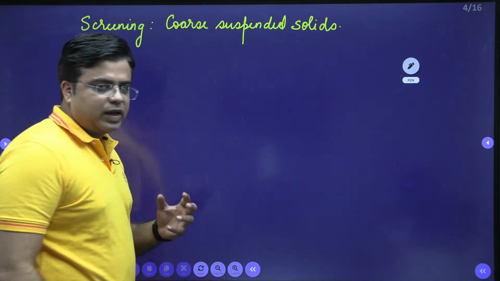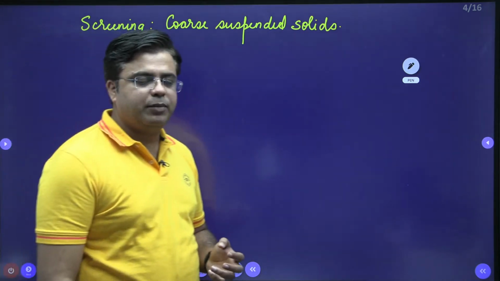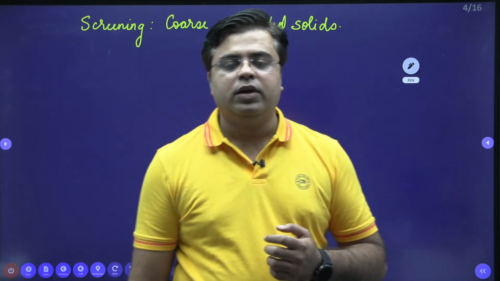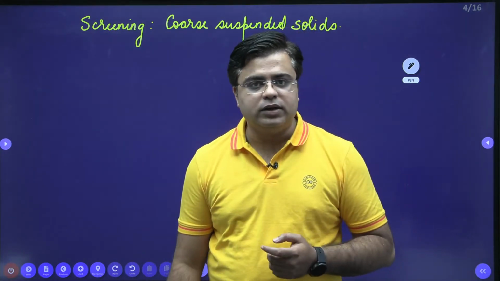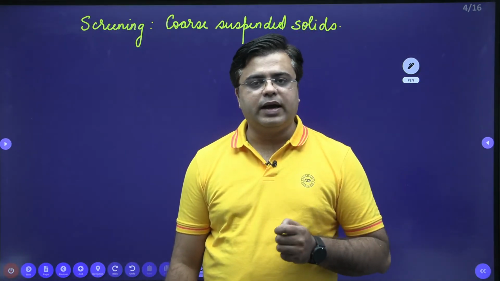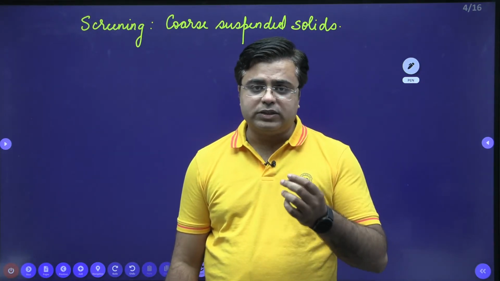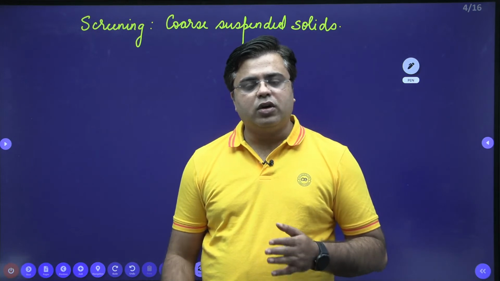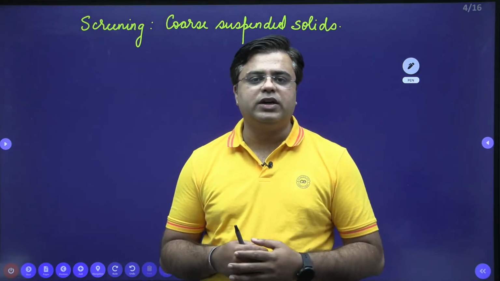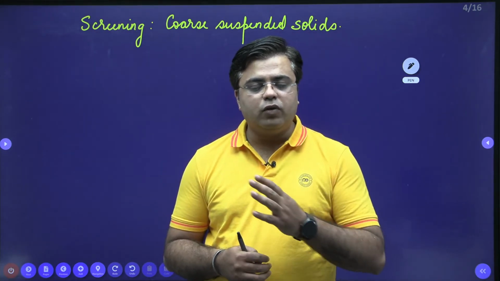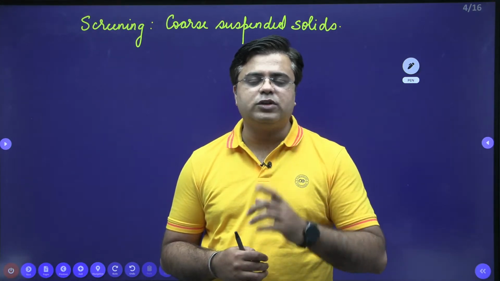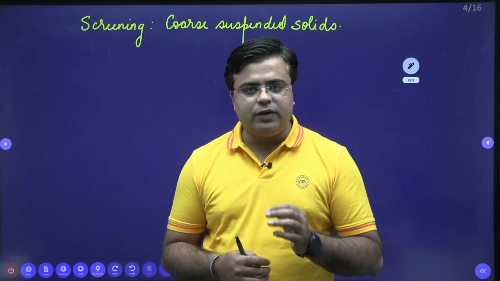Now, how can you visualize these coarse suspended solids? For example, you are extracting water from any river, right? This river can have plants. This river can have animals, living or dead, especially fishes. In order to remove all these coarse suspended solids from the water, we go for screening. So screening is the first mechanism through which we treat water.